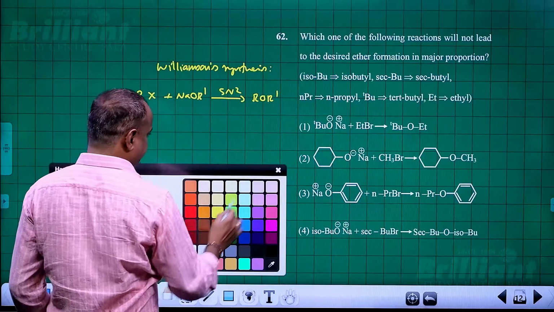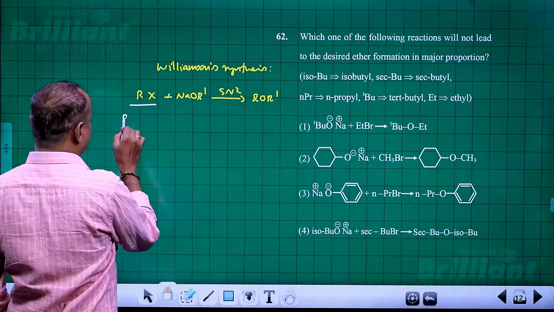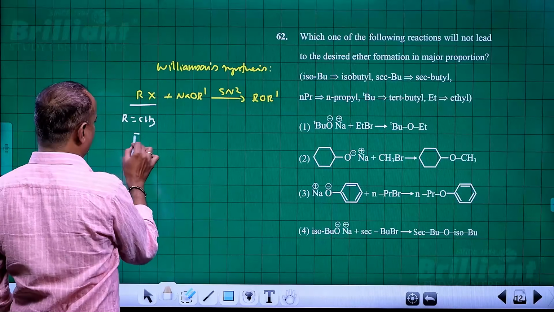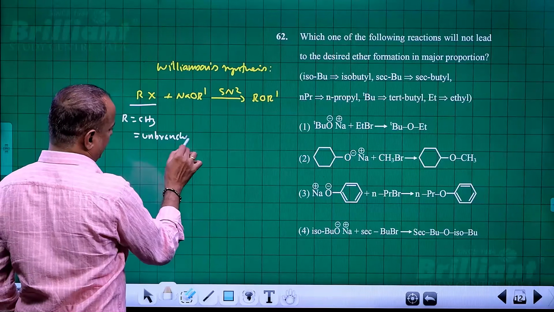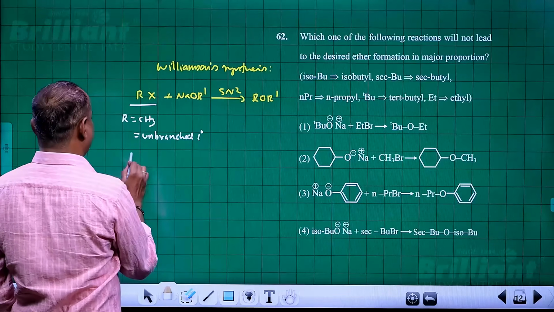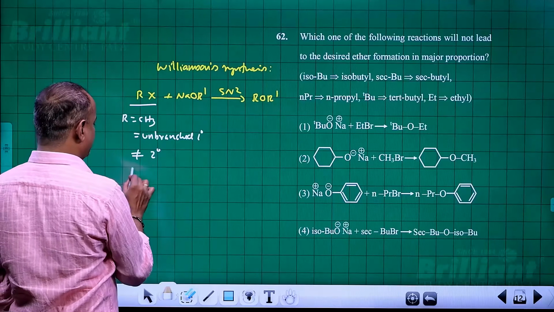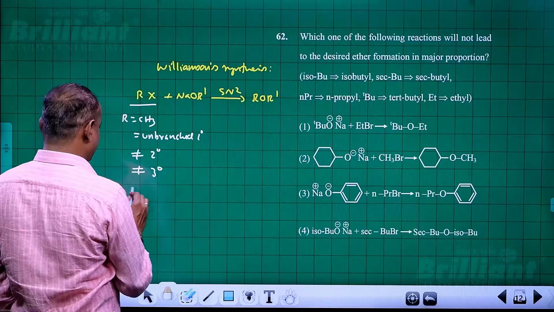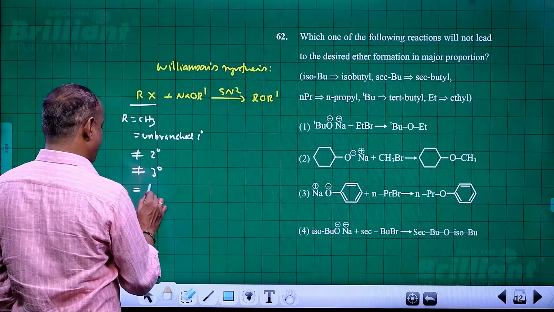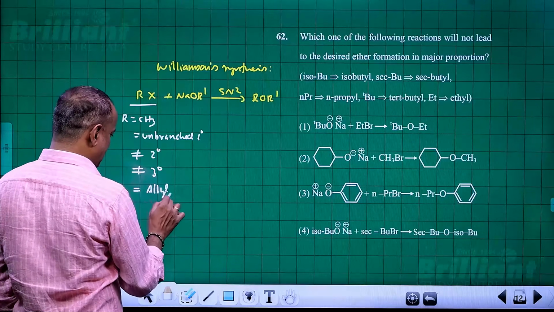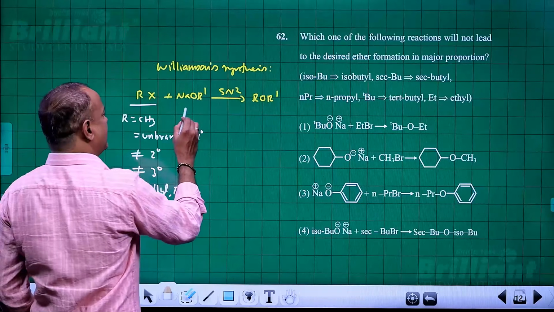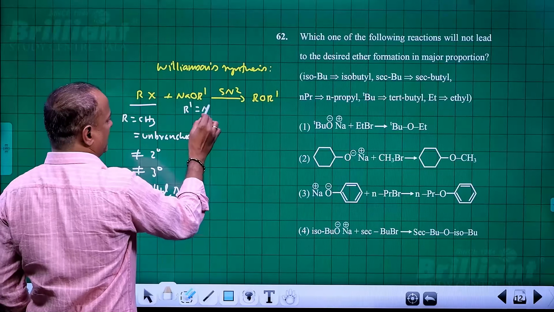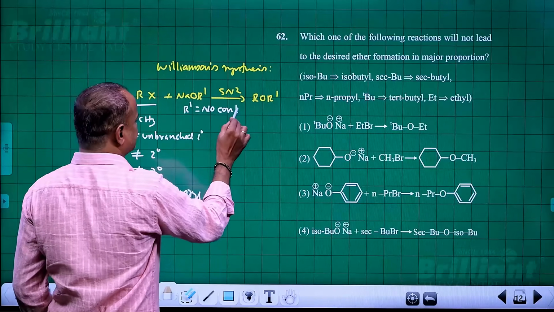But the condition is RX must be methyl or unbranched primary, not secondary, not tertiary, and also allyl and benzyl. But for R' no condition, which means can use any compound.